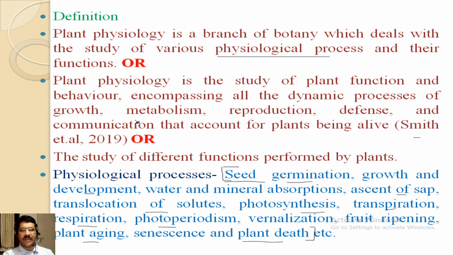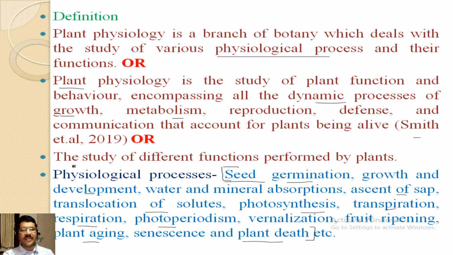So according to them, plant physiology is the study of the function and behavior of the plant, which includes different types of dynamic processes including growth, metabolism, reproduction, defense and communication. The study of all these is included in plant physiology.